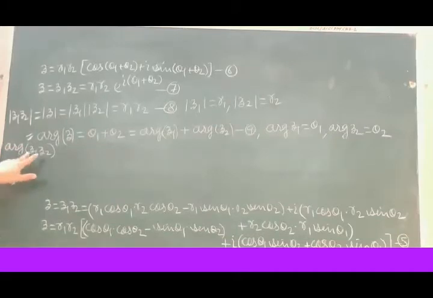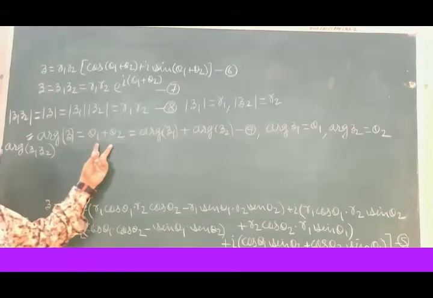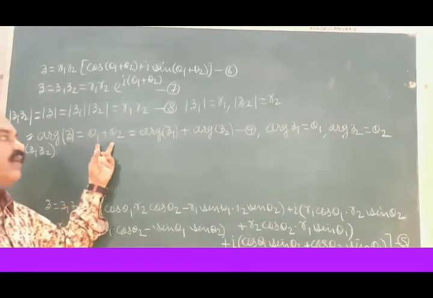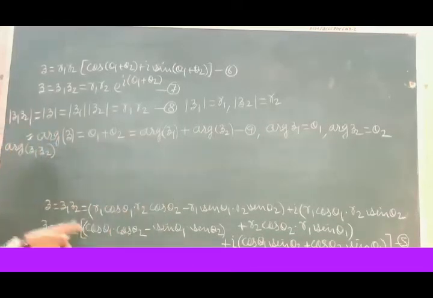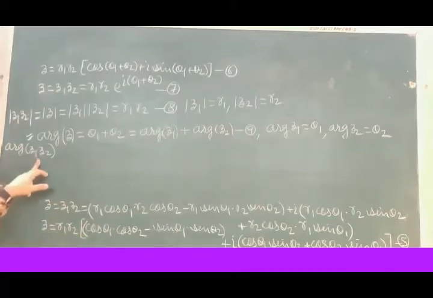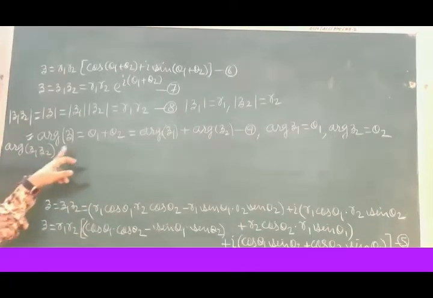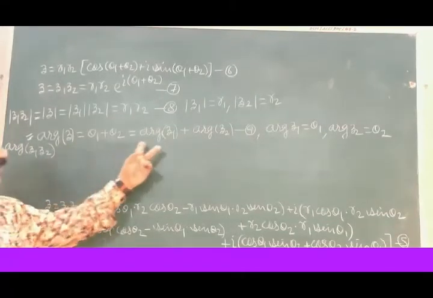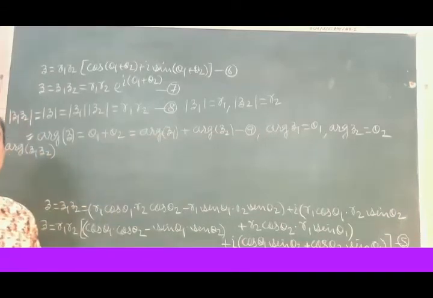Argument of product of two complex numbers is equal to sum of their arguments.